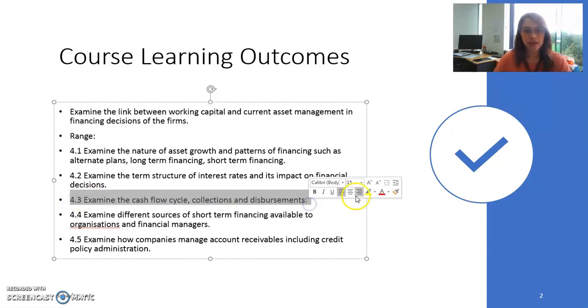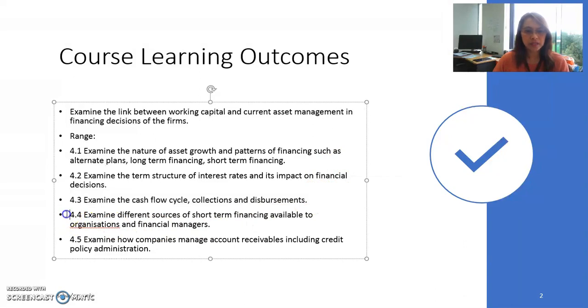4.3, examine the cash flow cycle, collections, and disbursements. So we'll be having a little bit of a discussion on calculations here. 4.4, examine different sources of short-term financing available to organizations and financial managers.